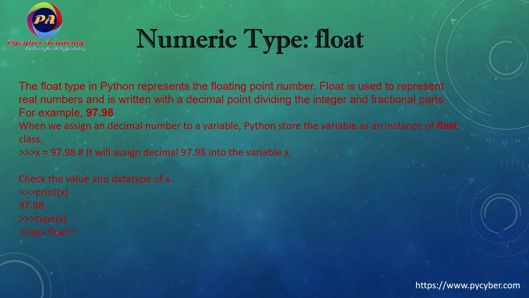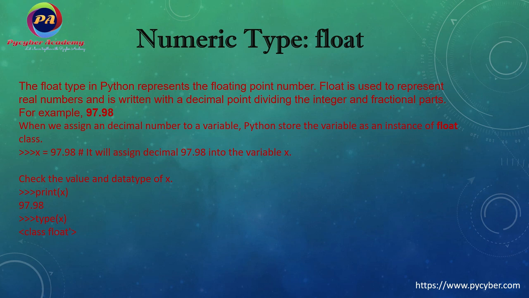So this is a real number, or decimal number, and in programming languages it is called a floating number.